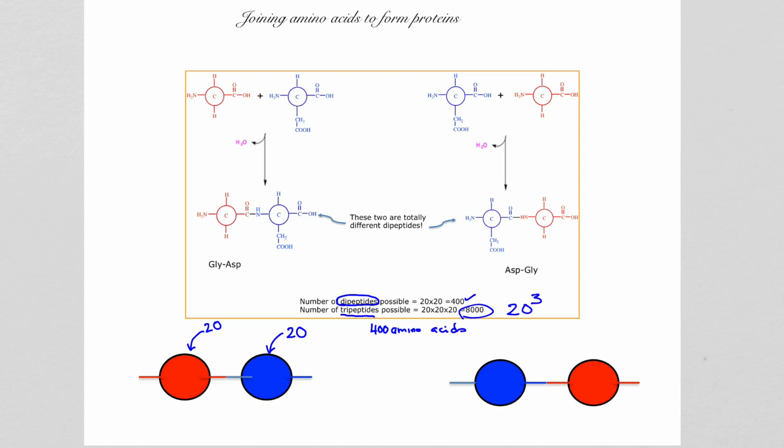So how many proteins can we make out of that? That's 20 raised to the power of 400. And I don't even want to try to calculate that because that's a huge number. So it's a huge number of proteins that we can theoretically make by joining amino acids to one another.